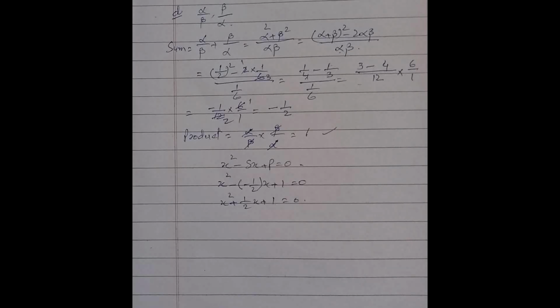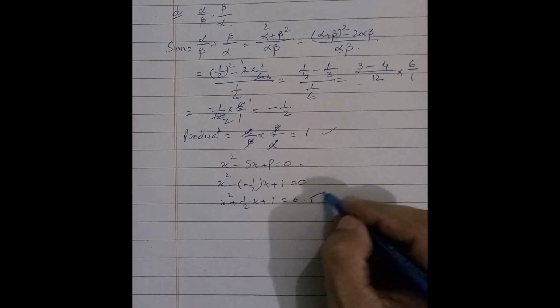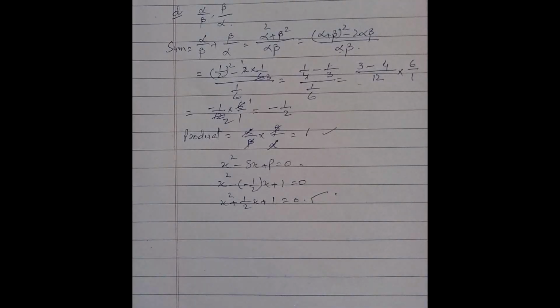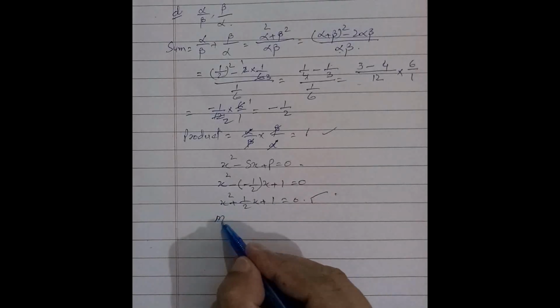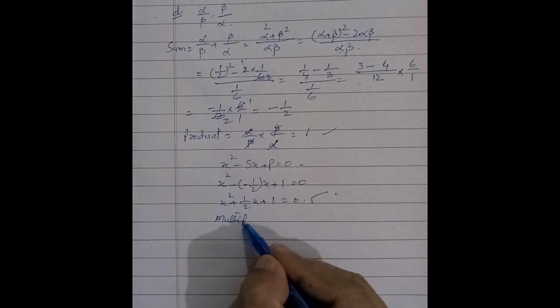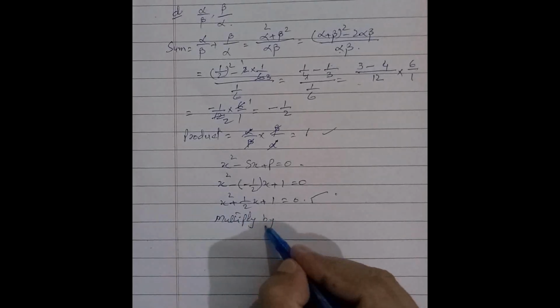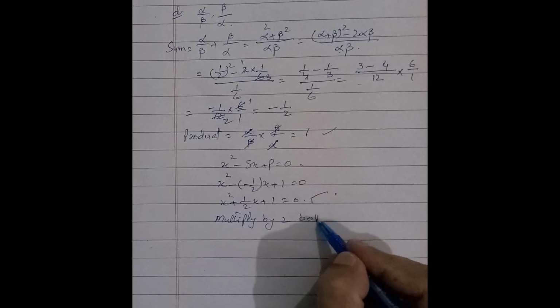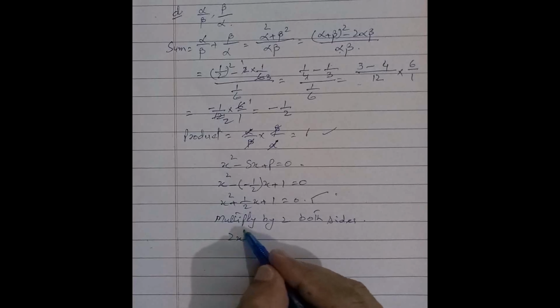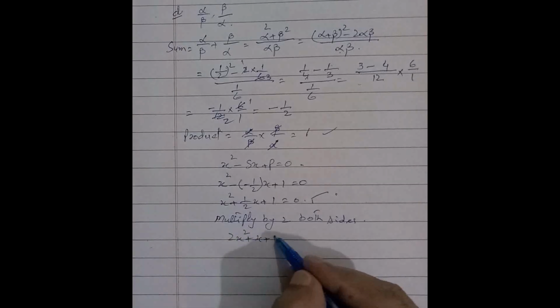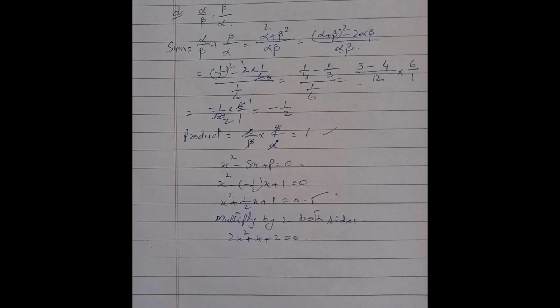And the next, it is the answer. If we further simplify it, we multiply by 2 on both sides, we get 2x square plus x plus 2 is equal to 0, which is the equation of these roots alpha over beta and beta over alpha.